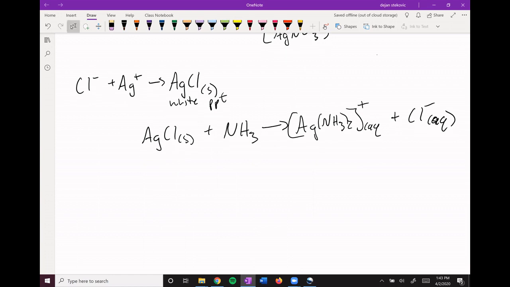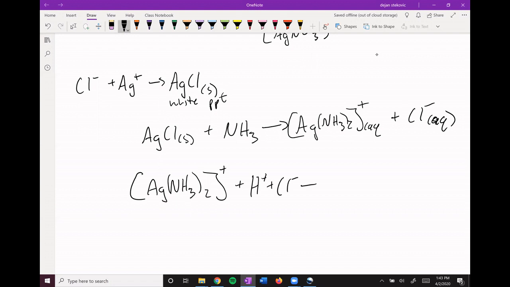And then we can make this precipitate reappear upon the addition of some acid. So when you add the acid, the acid will reprotonate these amines, and then it won't let it complex, so you'll form the silver chloride again.